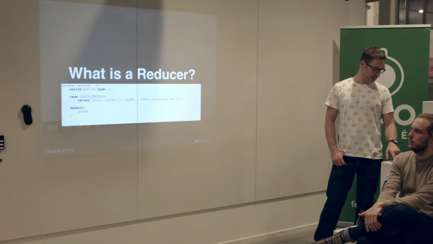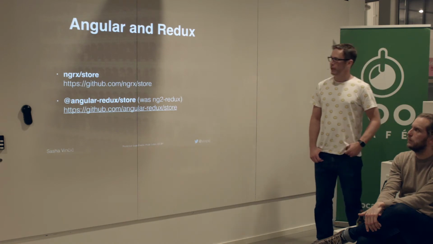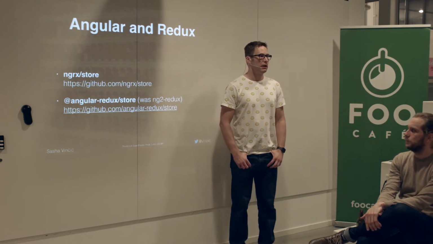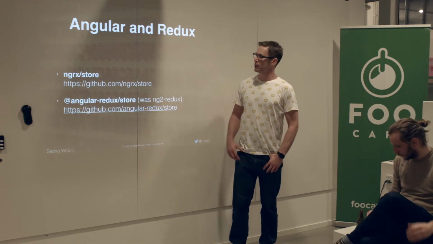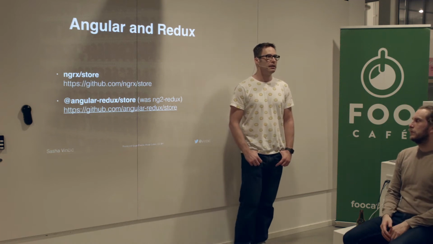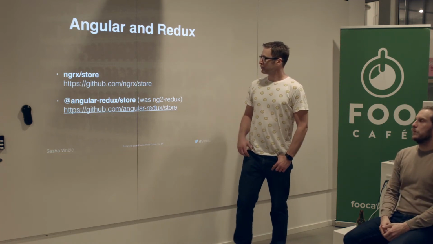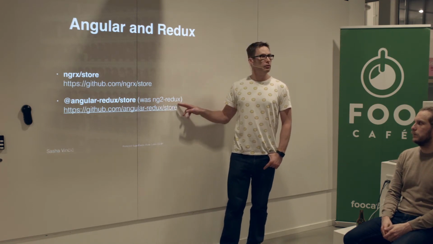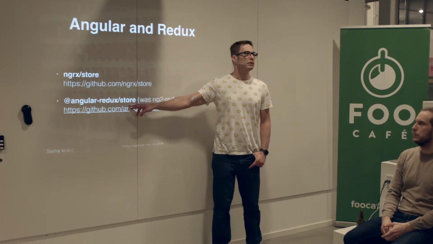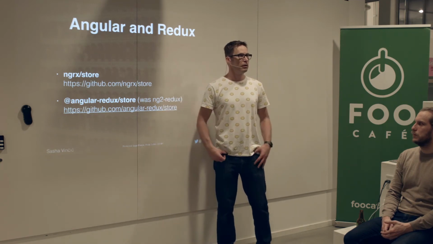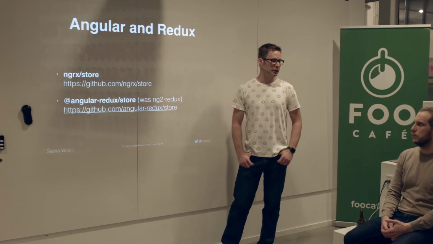Okay, Angular and Redux. There are a few implementations. If you Google Angular and Redux, you will probably get these two as the top hits. This one, Angular Redux store, was called ng2-redux and was renamed, since the Angular 2 version name is gone.